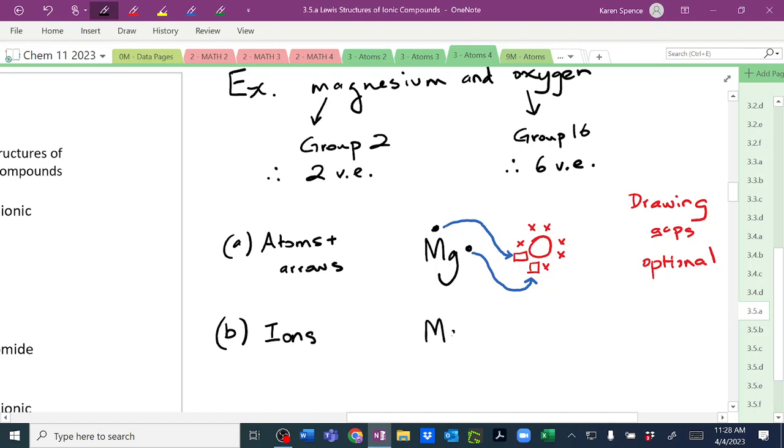So we have Mg. It has lost 2 electrons, so its charge is 2+. We have oxygen, which has its original 1, 2, 3, 4, 5, 6 electrons.